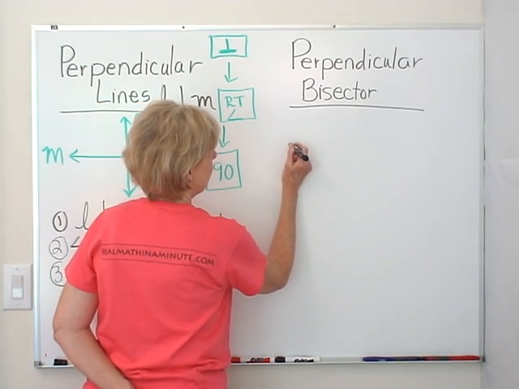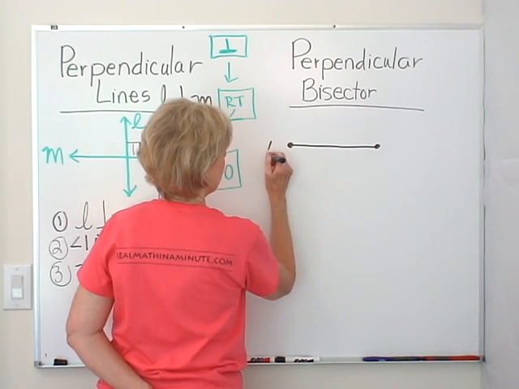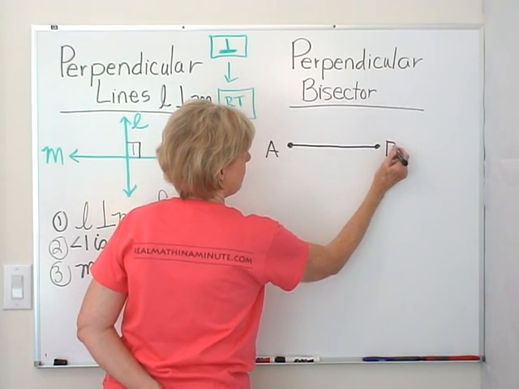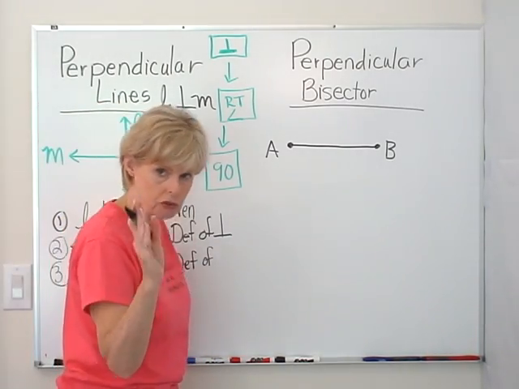If I have a line segment, let's say line segment AB, and let's say that we have a bisector, which we know goes through the midpoint.